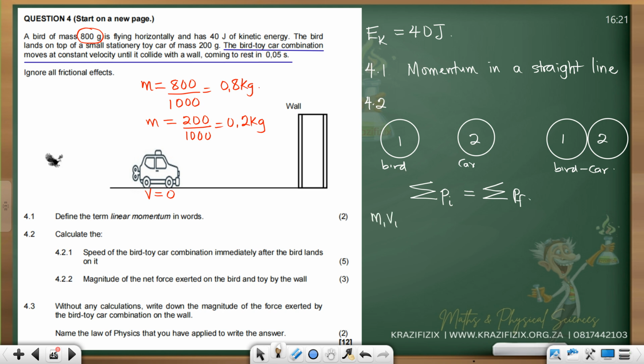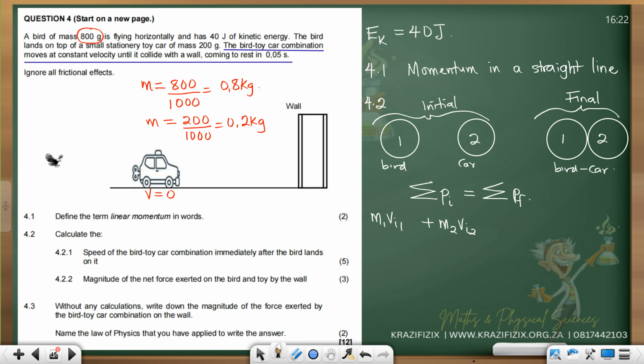M1 VI1, because momentum is a product of mass and velocity, plus M2 VI2. So this aspect is called initial. And when they now combine, it's called final. All right?